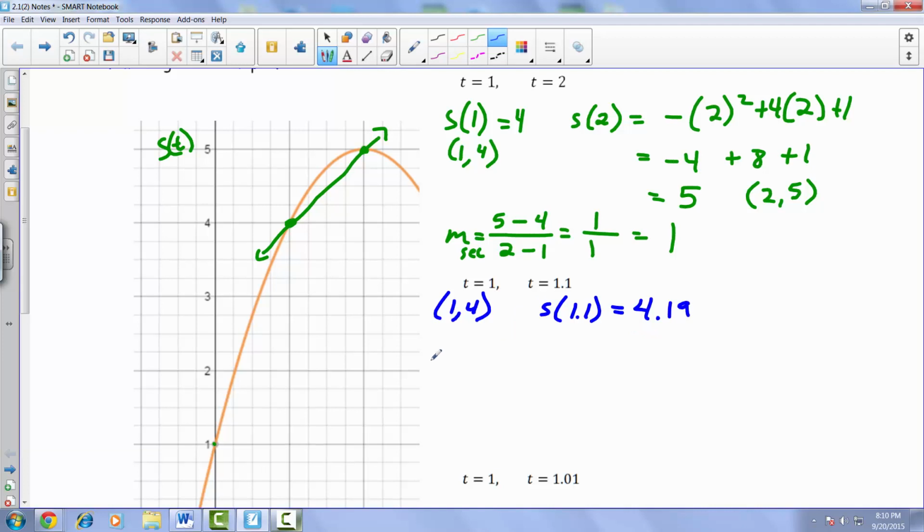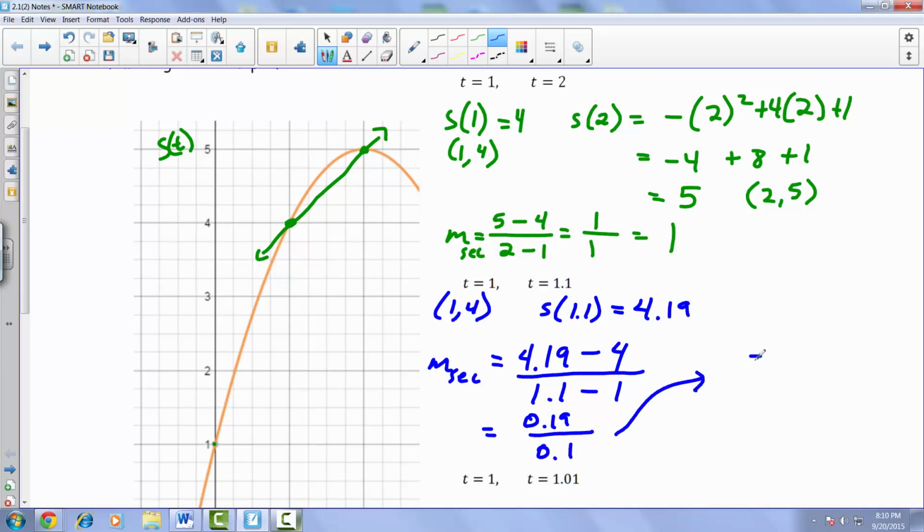So then to find the slope of that secant, we have 4.19 minus 4 all over 1.1 minus 1, which comes out to be 0.19 over 0.1, and as a result, the slope of that secant comes out to be about 1.9.